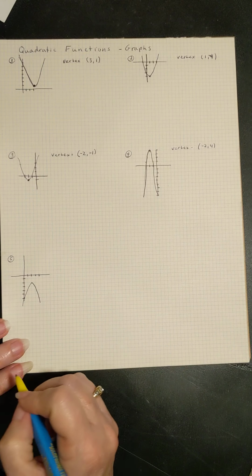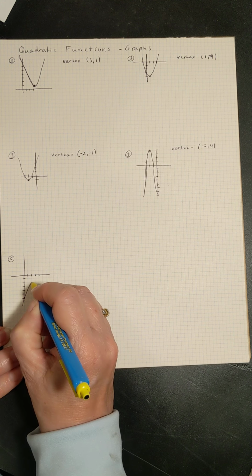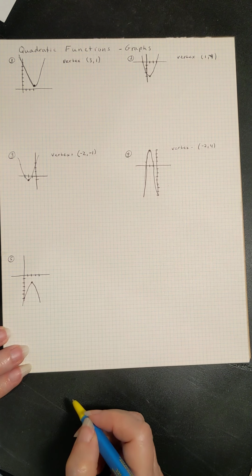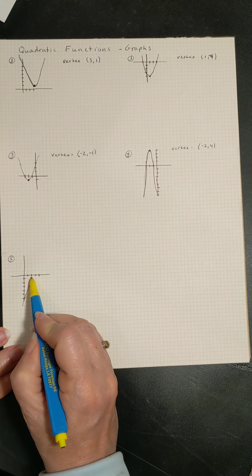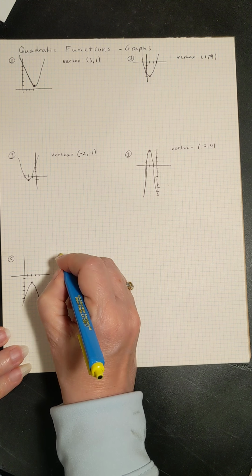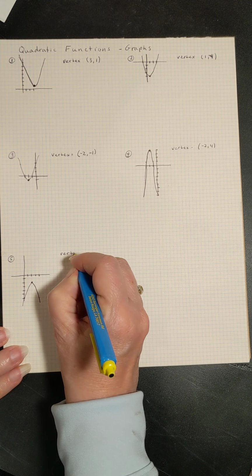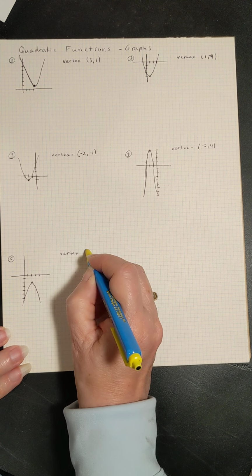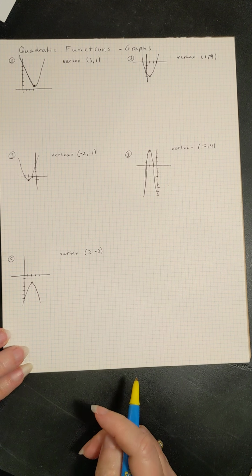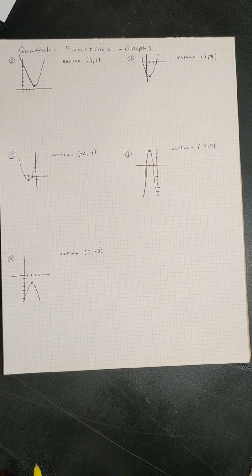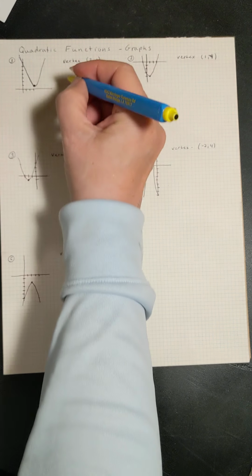And we'll talk about that in a little while. And then here, this point is my vertex. And so it's over a positive 2 and down 2. So my vertex for this one is going to be over positive 2, down 2. Excuse me. All right. Now, the next thing that I want to look at is my axis of symmetry.